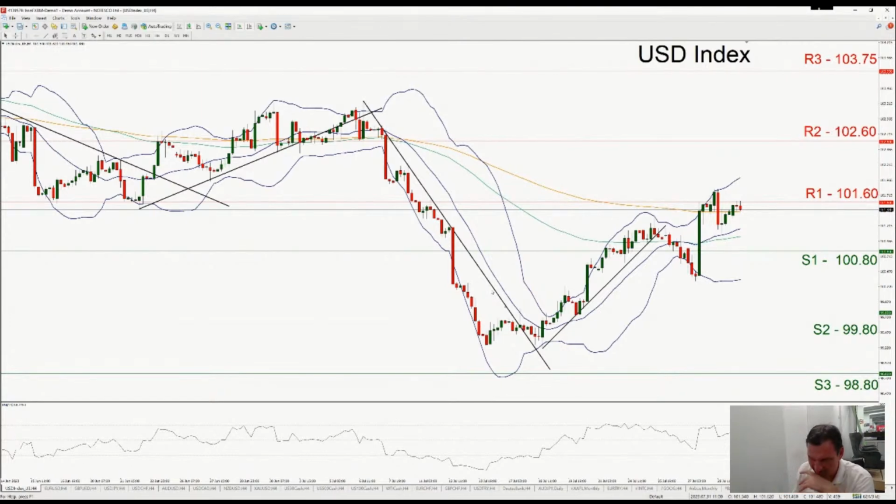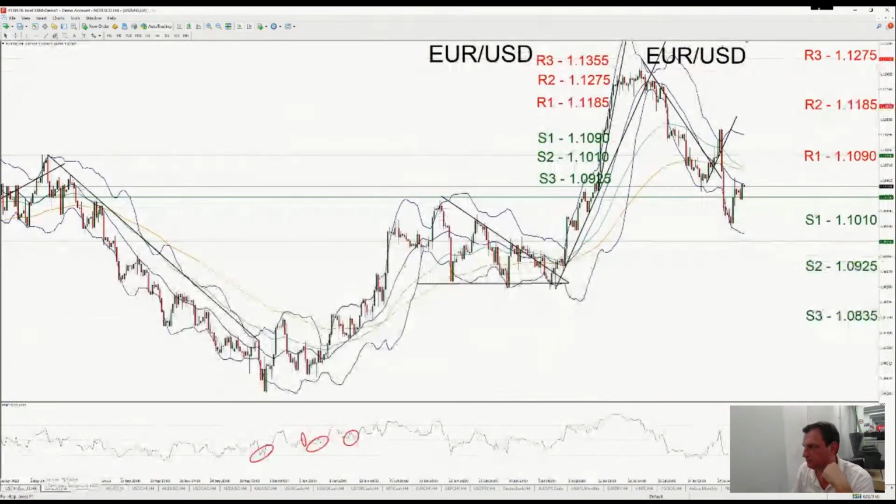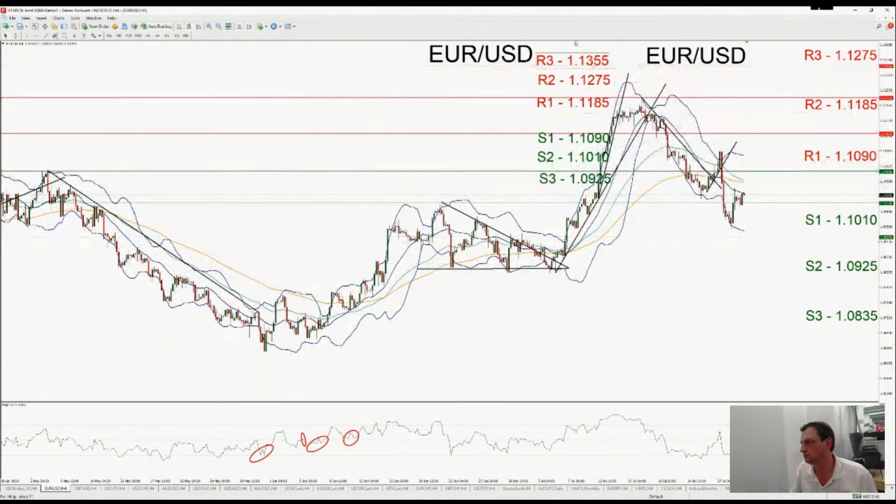Okay, let's have a look at Euro USD. Let's clear the chart.